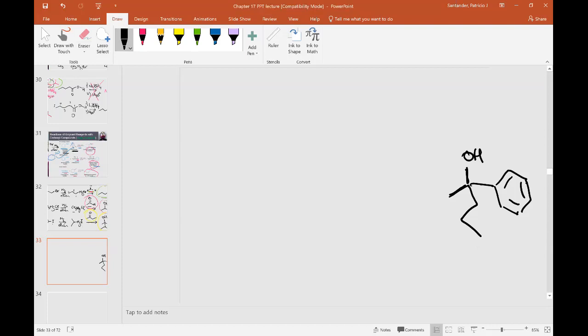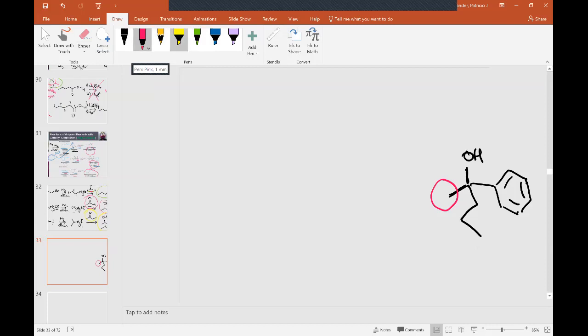So what are my choices here? Well, the choices will be determined by the nature of the R group that I should have in the Grignard reagent. So my R group could be a methyl, or it could be a propyl, or it could be a phenyl, right?